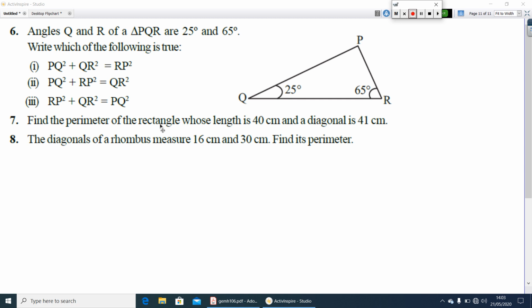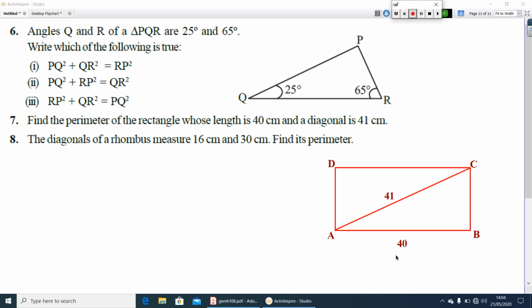Now question number 7. Find the perimeter of a rectangle whose length is 40 cm and the diagonal is 41 cm. Draw the figure. Since ABCD is a rectangle, angle B will be 90 degree. So here you are getting a right triangle, triangle ABC. Hypotenuse is given.